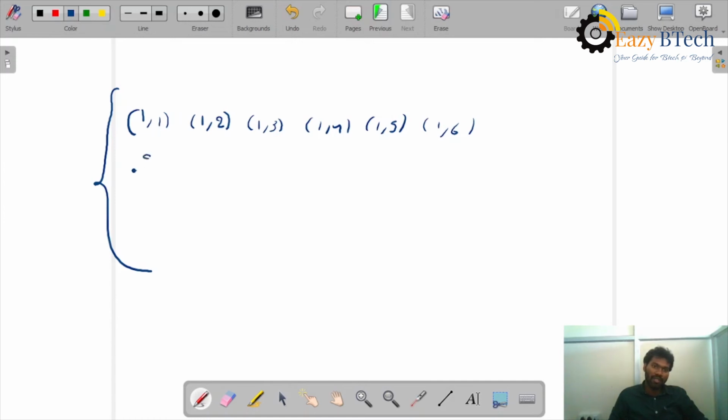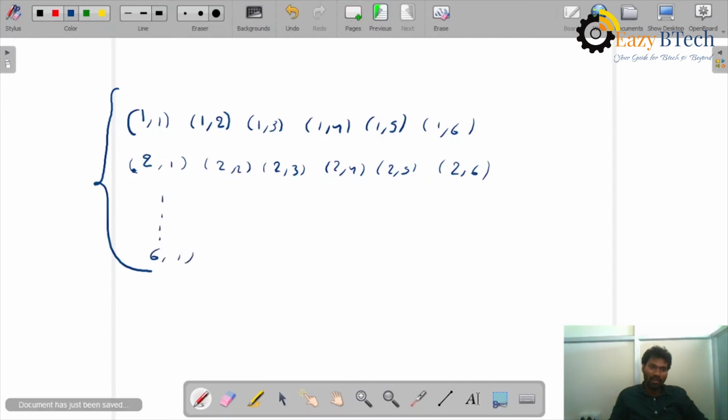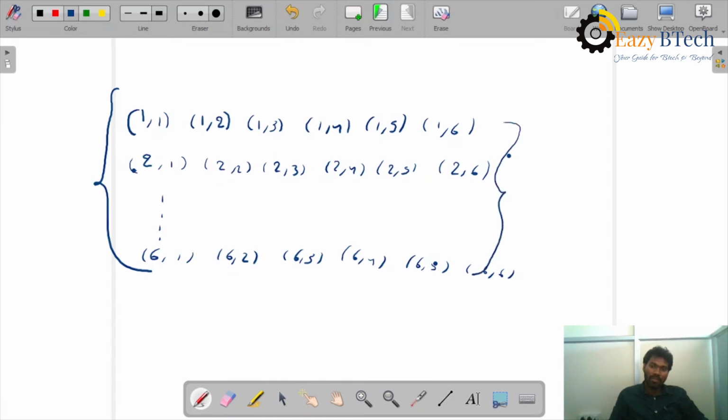Next is 2 comma 1, 2 comma 2, 2 comma 3, 2 comma 4, 2 comma 5 and 2 comma 6, and so on. The last row is 6 comma 1, 6 comma 2, 6 comma 3, 6 comma 4, 6 comma 5 and 6 comma 6. This is the sample space.